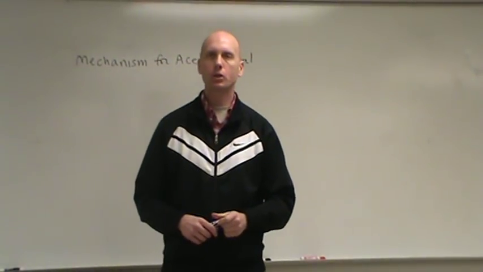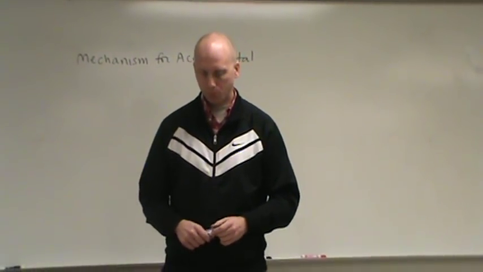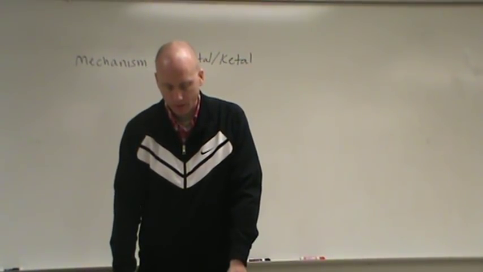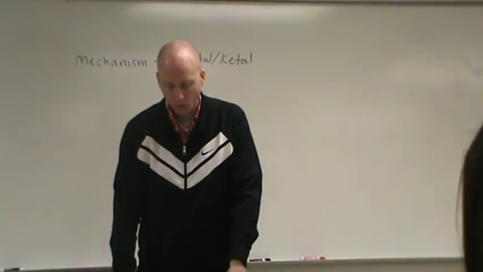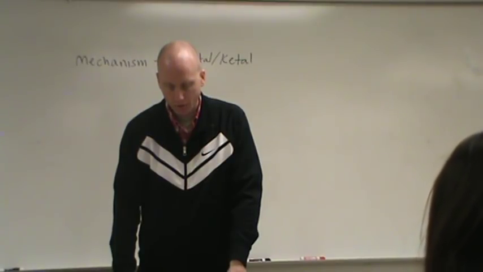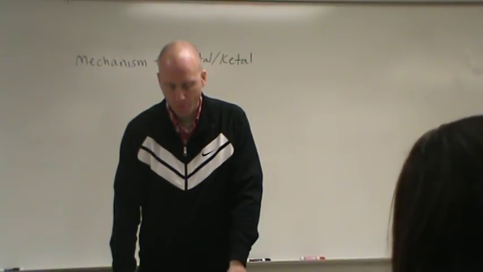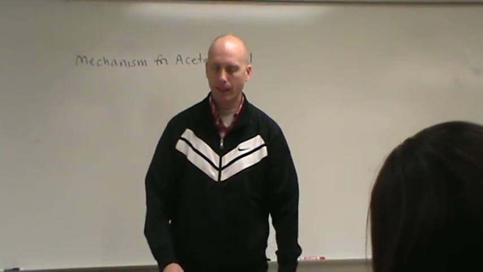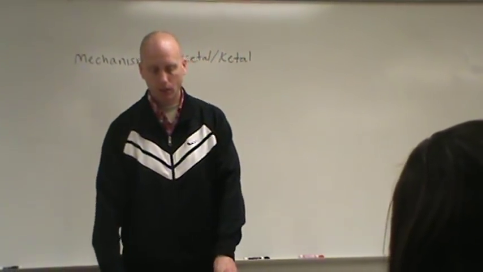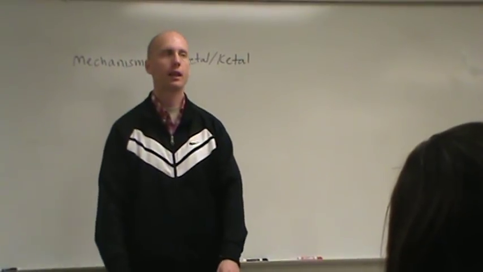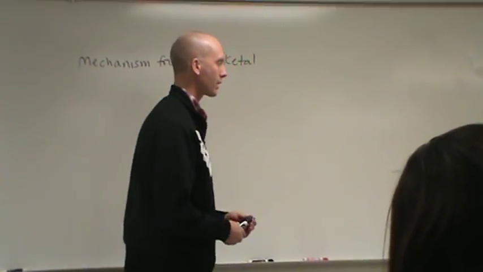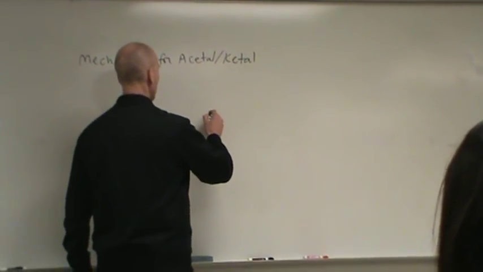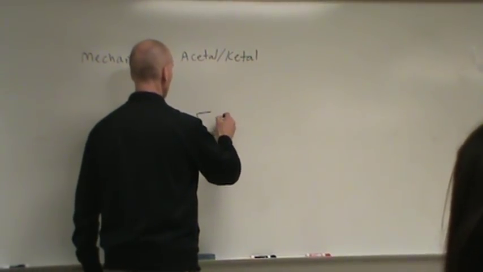Okay, so what's the importance, if you look at your outline? We're on number 7 there. Let's go down to number 8 and look at what's the importance of making acetals and ketals. Okay, so let's draw these two molecules.